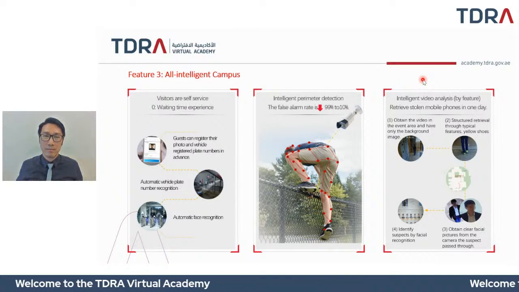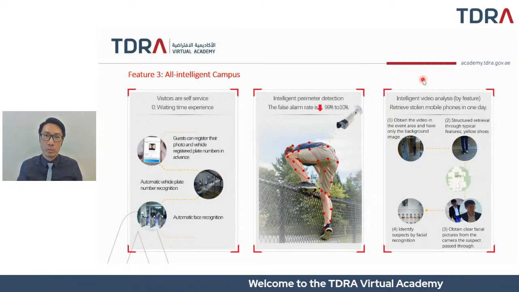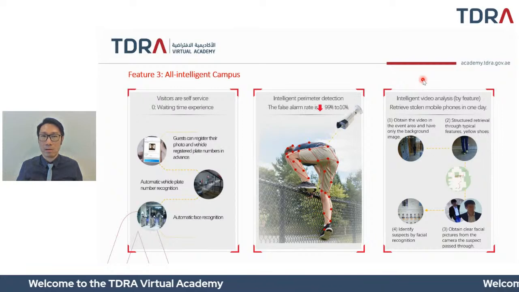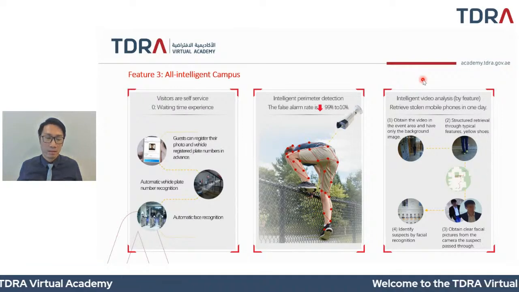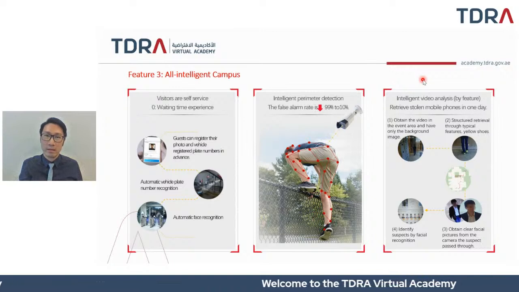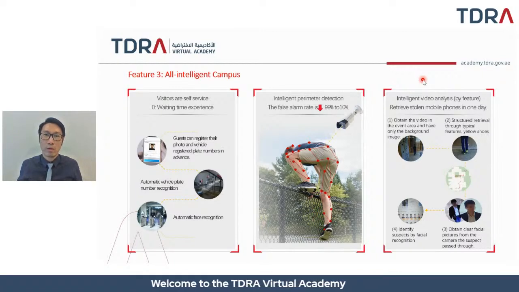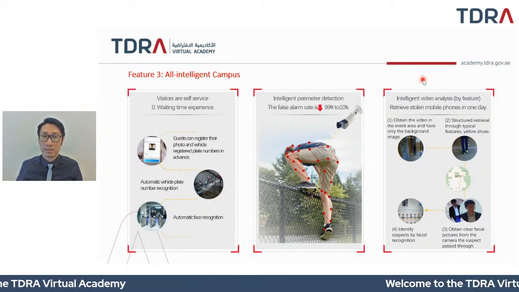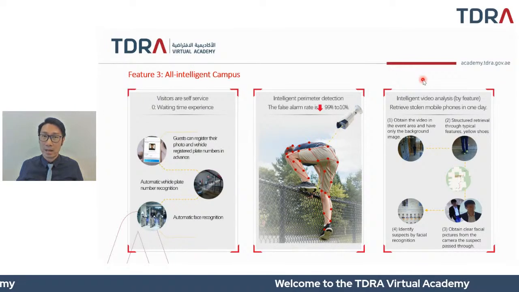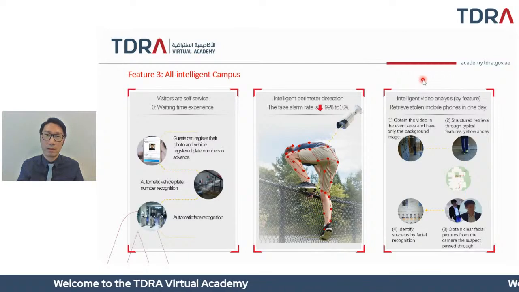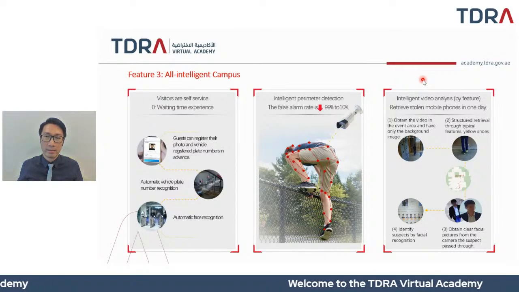It can analyze the video in the system and only show you the images that have this suspect person. So you save a lot of time. Instead of going through the video for 1,000 hours, maybe you just need 1 hour to see which image is the suspect person, and the timestamp, what time in the video you have this image. So we save a lot of time with intelligent video analysis.